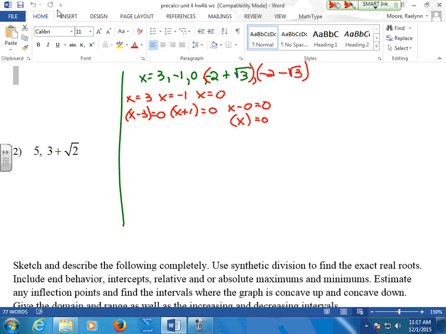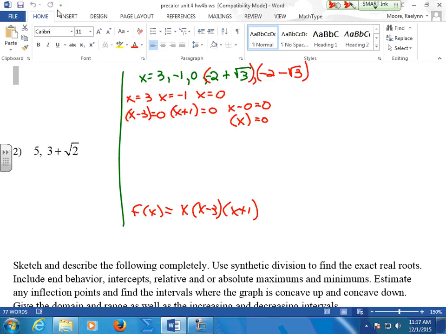Just x, right? So I can start my equation like this. X times x minus 3 times x plus 1. So I know 3 of them right off the bat.